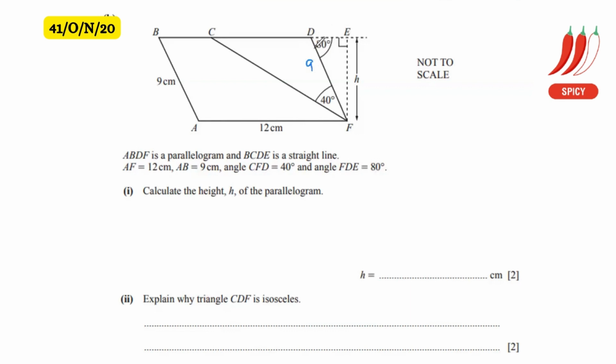Now if you look at this right angle triangle, we have the hypotenuse, we have the angle, and they want us to find the opposite, which is the height. So we use sine. Sine 80 equals h over 9. 9 times sine 80 equals h, which gives us 8.86 centimeters. That is the height of the parallelogram.